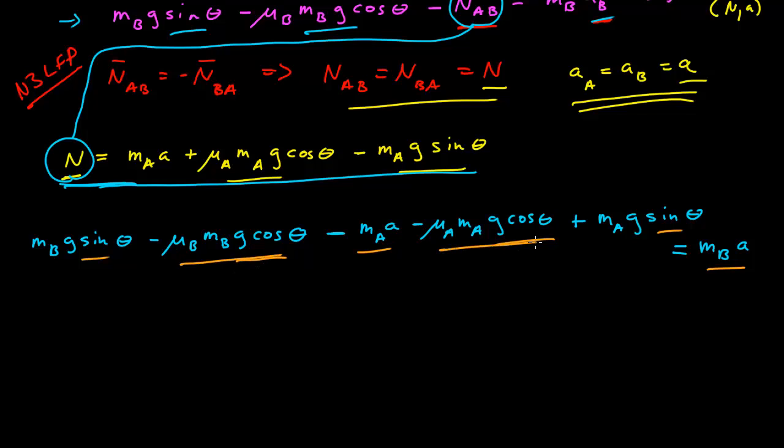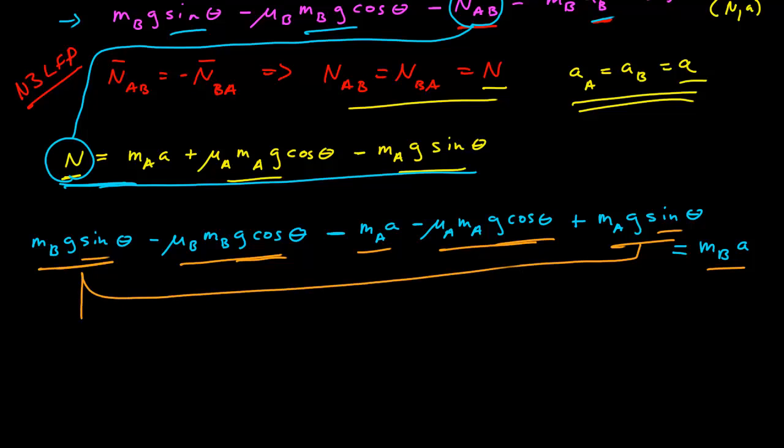Okay, so if I look at these two terms first and combine them, I factor out a g sine theta, and I have m_B, the mass of B, plus the mass of A, times g sine theta. Okay. So then I'm going to combine these two terms.